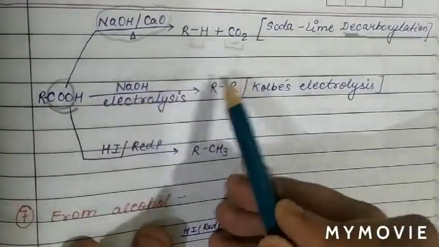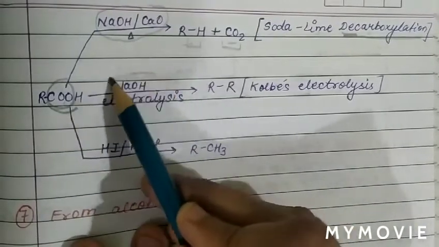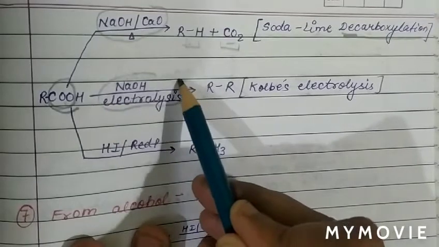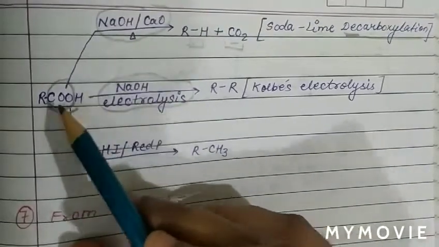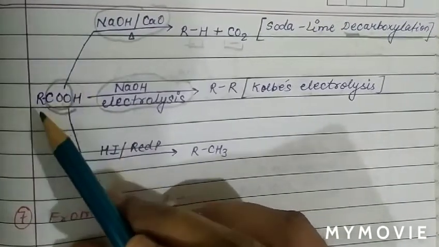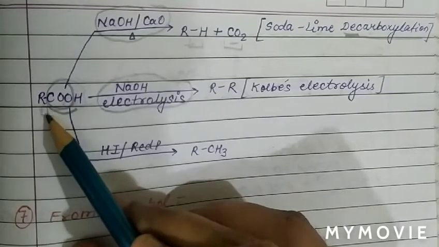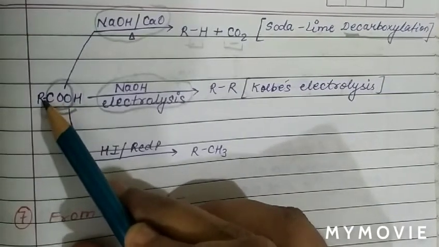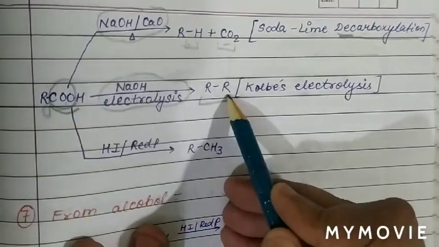We can also prepare alkane from carboxylic acid by electrolysis in presence of NaOH in an electrolytic cell. Now again, this carboxylic group will change into R-free radical. So R-free radical and another R-free radical will combine and form alkane.